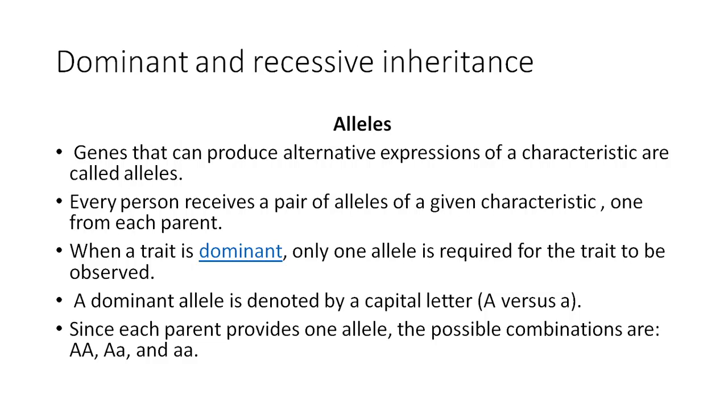A dominant allele is denoted by a capital letter, A versus a, that is, capital A versus small letter a. Since each parent provides one allele, the possible combinations are two capital A's, or one capital A and one small a, or two small a's.